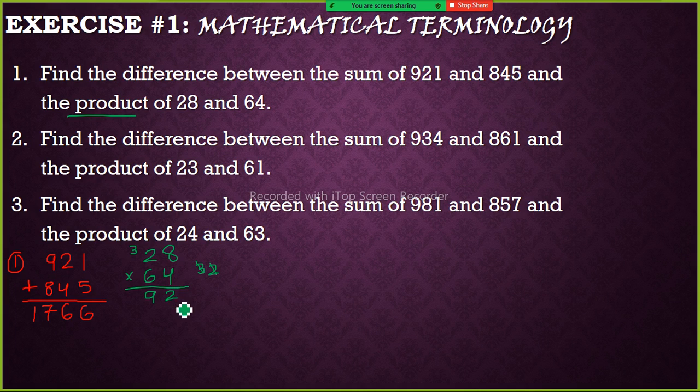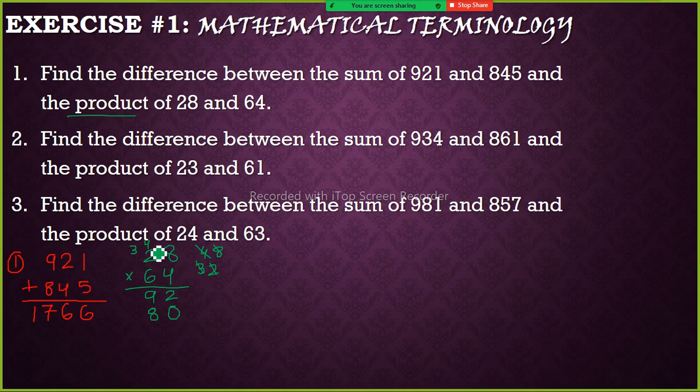6 times 8 is, so we put the 0 as a placeholder. 6 times 8 is 48. So we put the 8 down, we put the 4 above. 6 times 2 is 12 plus 4.